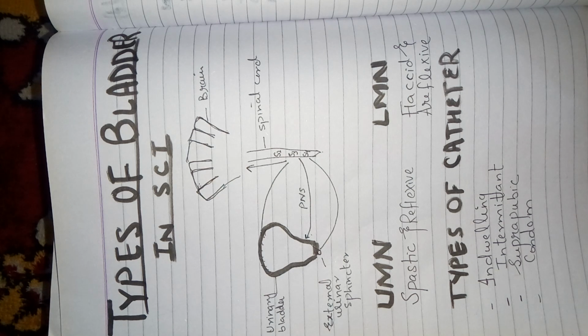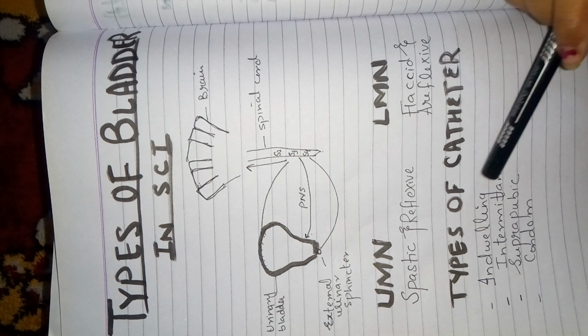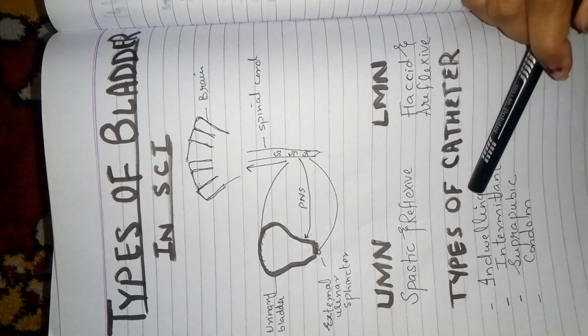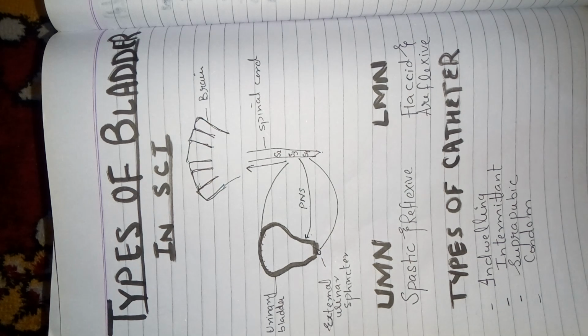By increasing that, they stimulate the bladder, and then through the intermittent catheter they can release it. So indwelling catheter is used with the flaccid external urethral sphincter, intermittent with the spastic.